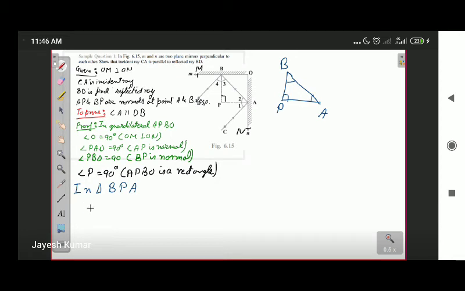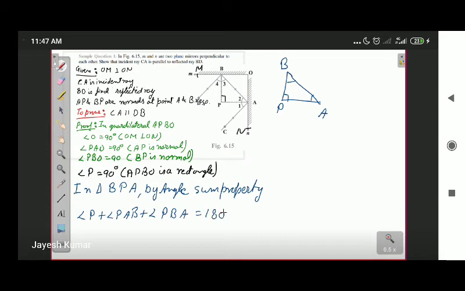In triangle BPA, the sum of all three angles is 180 degrees. By the angle sum property, angle P plus angle PAB plus angle PBA is equal to 180 degrees.